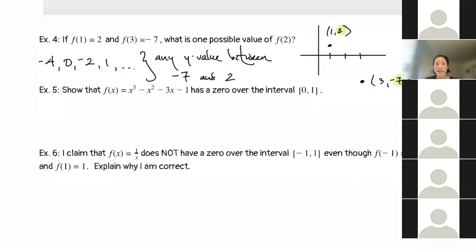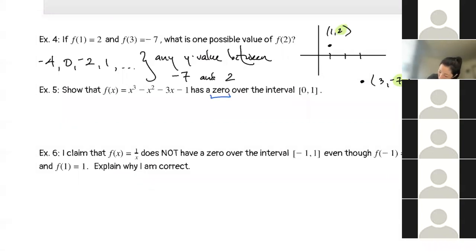Show that f of x equals x cubed minus x squared minus 3x minus 1 has a 0 over the interval 0 to 1. My question to you before we answer this is, what is a 0? I know what the number 0 is, but what is a 0 in mathematics? I see two really important points here.